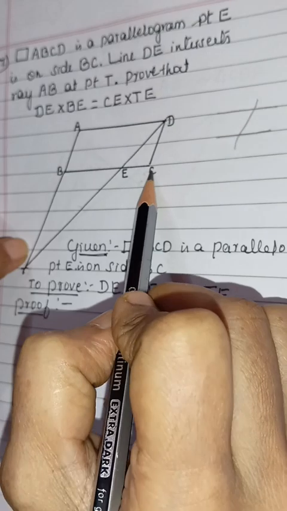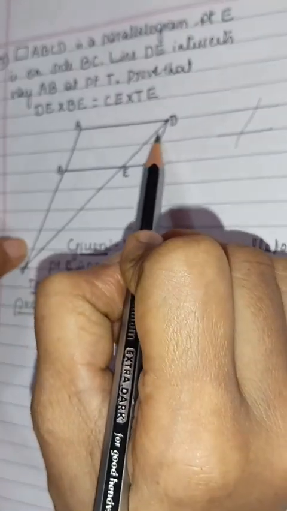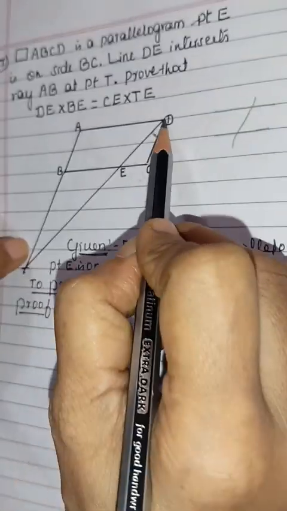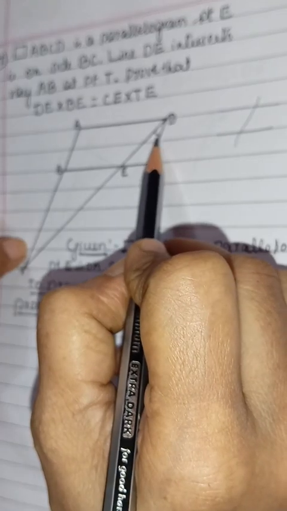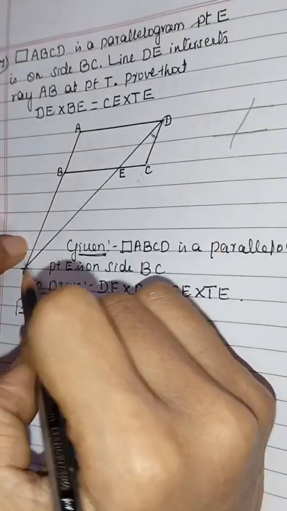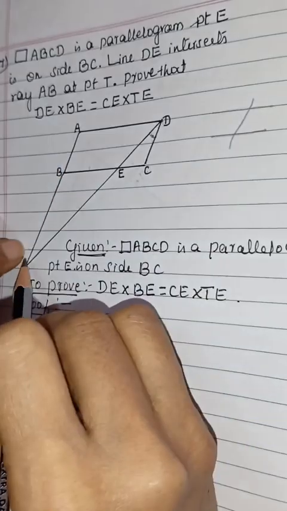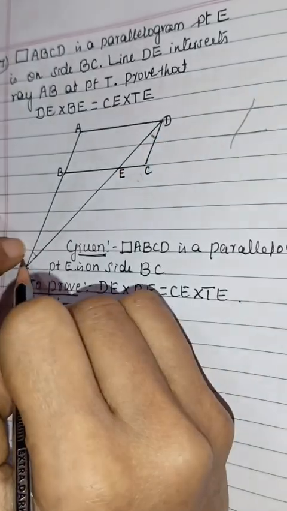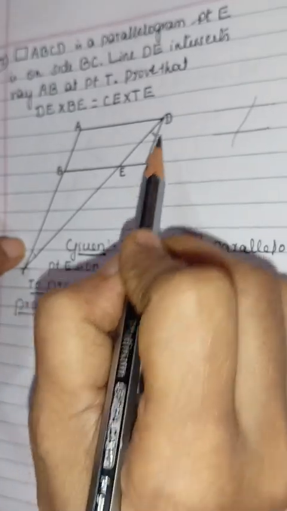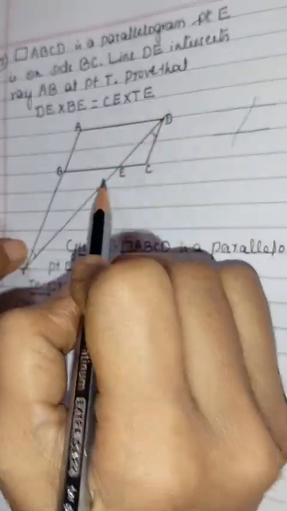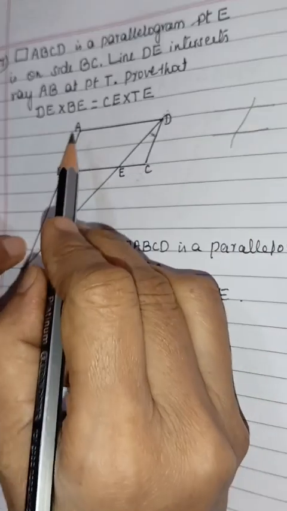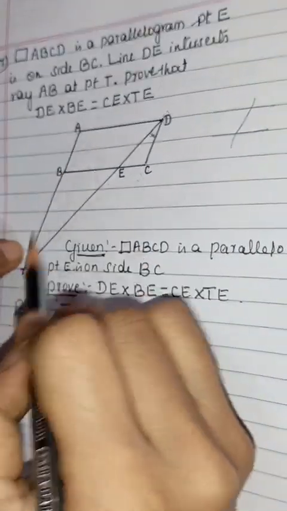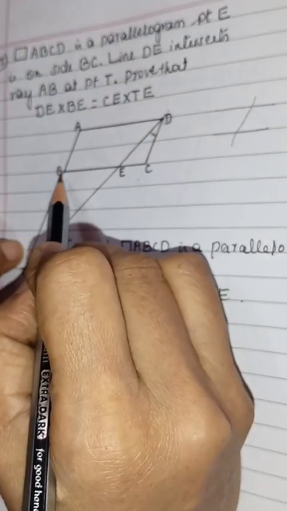Therefore, angle EDT, this angle, is congruent with ATD. This angle is congruent with this angle. CDT means CDE, no? Same angle, CDE. And instead of writing ATD, we can write BTE.